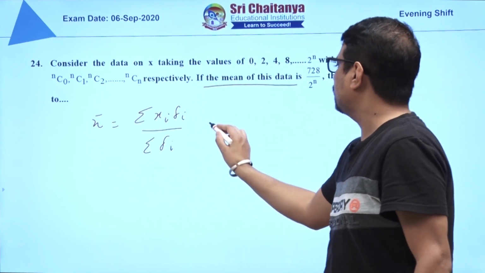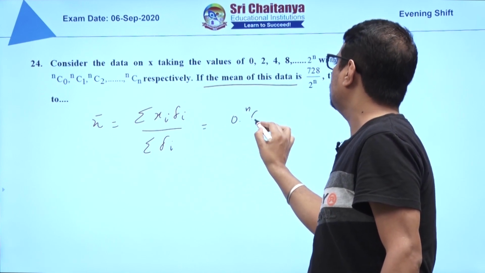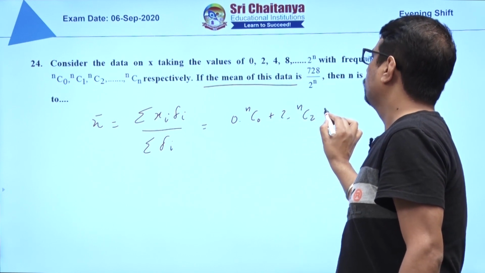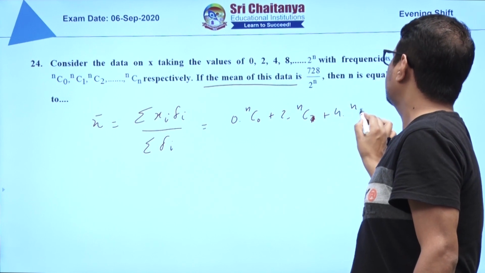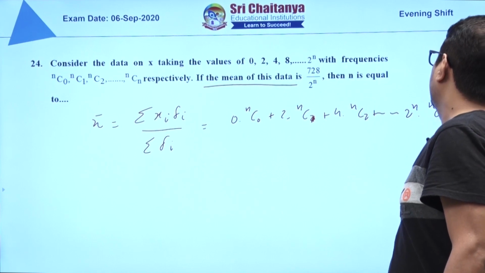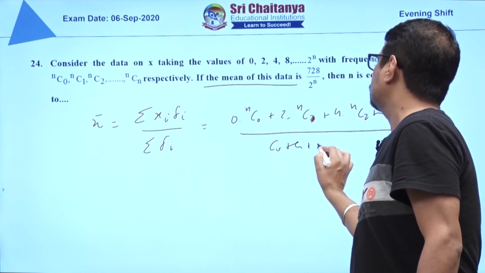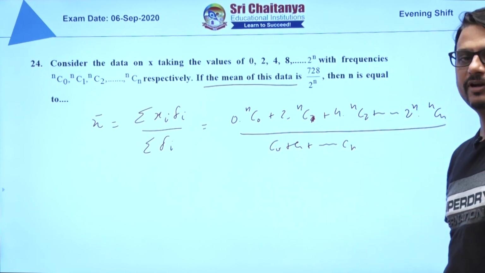So, xi fi here if you write, this is 0 into nC0 plus 2 into nC1, plus 4 into nC2 up to 2 power n into nCn divided by C0 plus C1 plus C2 up to Cn. This denominator is clearly 2 power n.